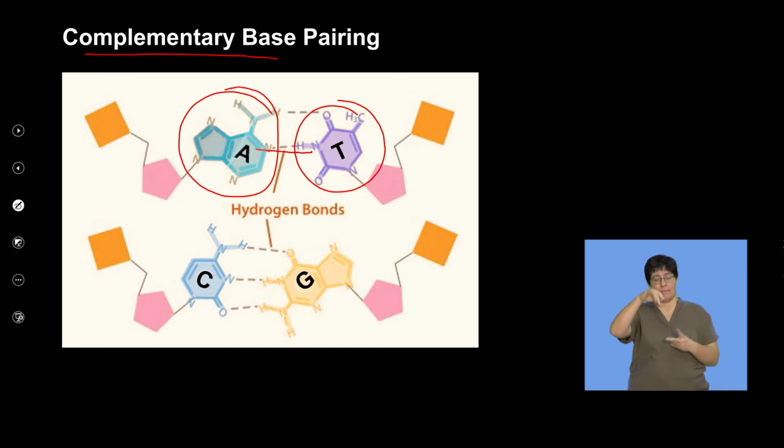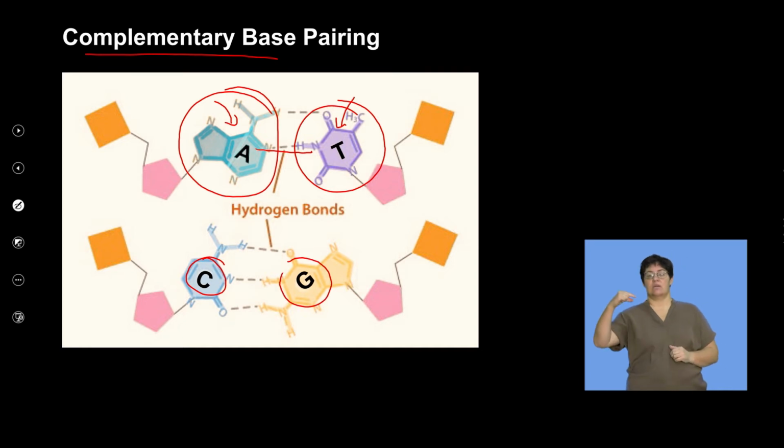You will see that there's a double ring structure here on your adenine and a single ring structure in your thymine. This base pairing is unique and will only take place between adenine and thymine. And likewise, we see the pair of cytosine and guanine being combined together in this unique pair, where you have 3 bonds that hold them together in this complementary unique base pairing.